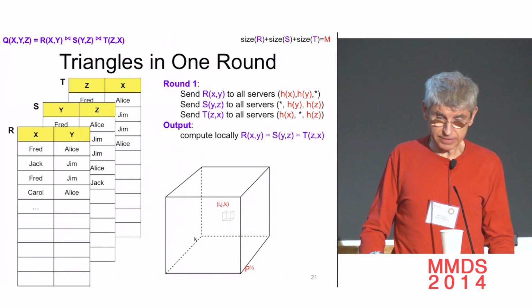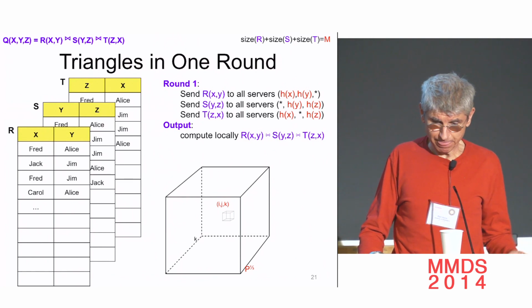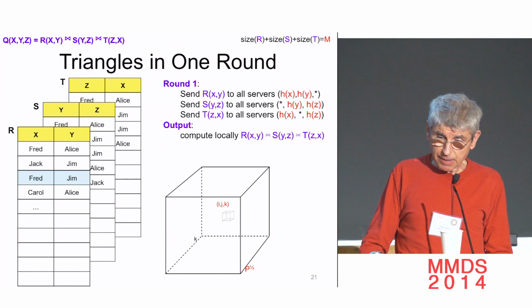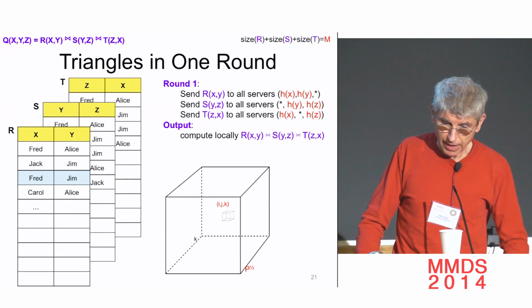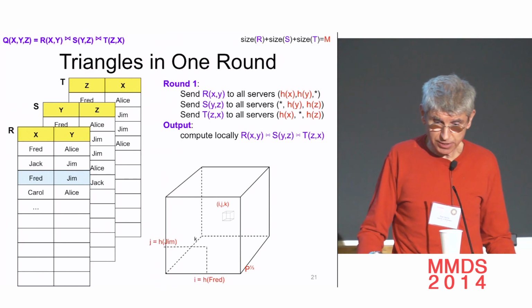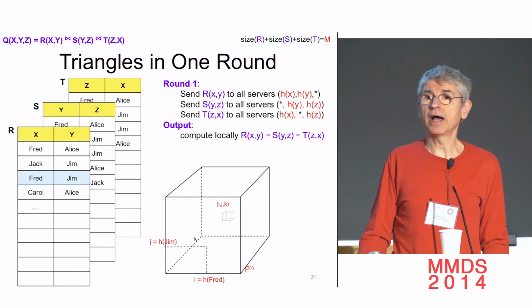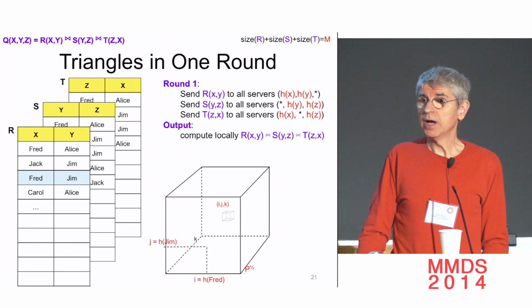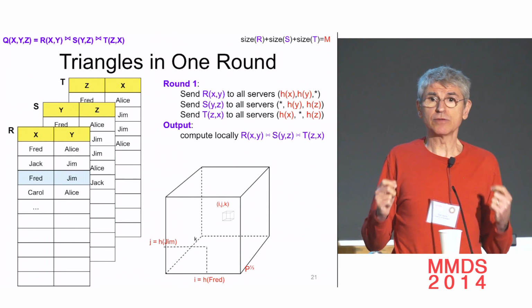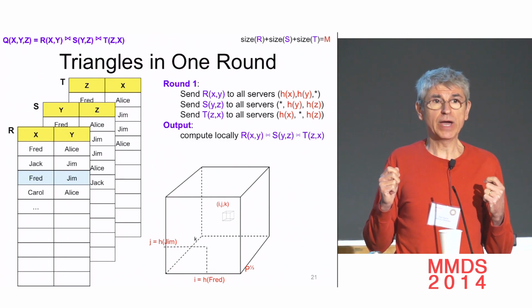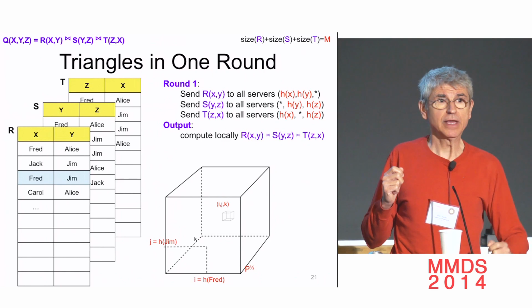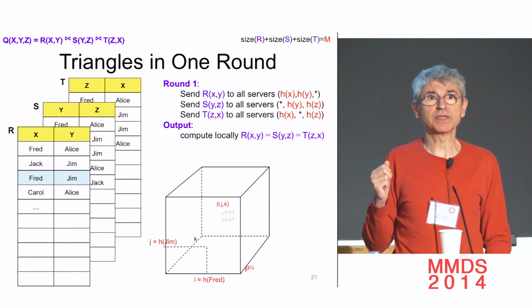Every server who has some tuples from R will take those tuples and will apply the hash function on the x and y attribute. This gives us two of the three coordinates where this tuple has to land in the space of servers.